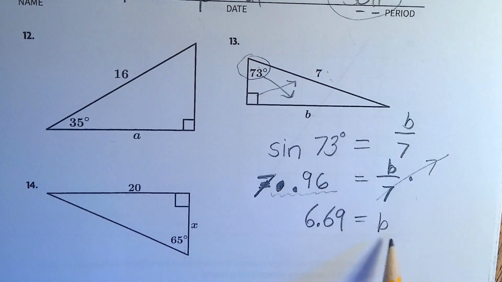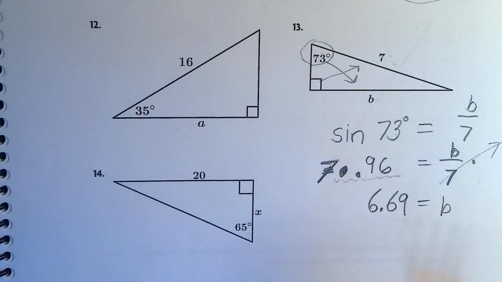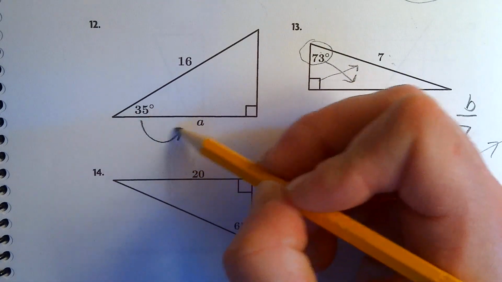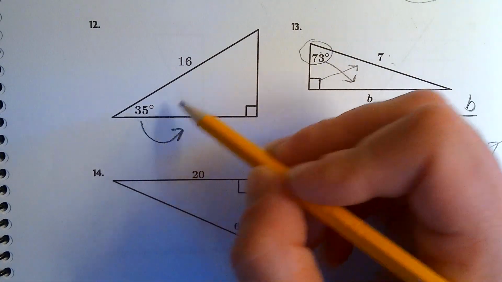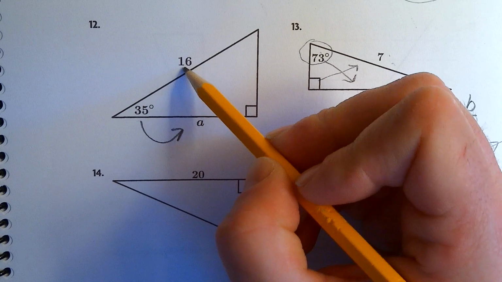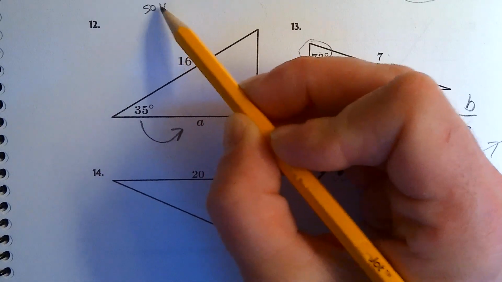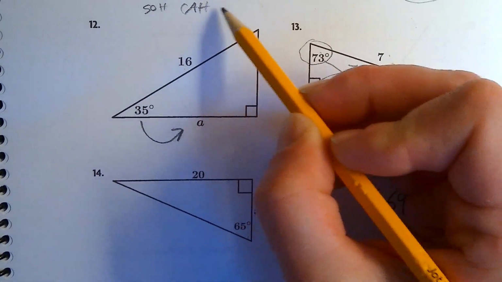Alright, so did we do this one? Yes. That's what the quiz was on. So we could make this the adjacent side to 35. So we can make the cosine, because cosine is the adjacent over hypotenuse.